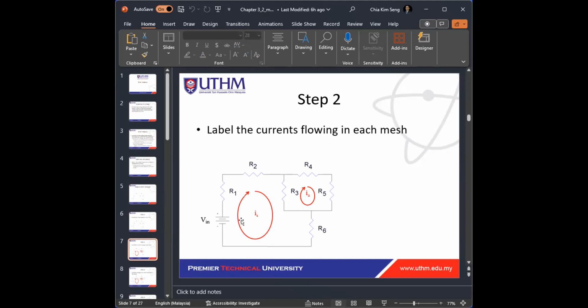So we do the marking as you can see in the slide. In other words, I1 will go through R6, R1, and R2, and then I2 will go through R6 and R5. So for R3, there will be 2 currents, I1 and I2. Later I will show you how to come up with the equation for this circuit.